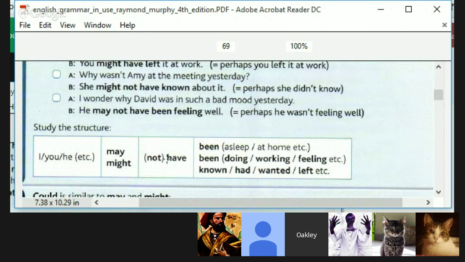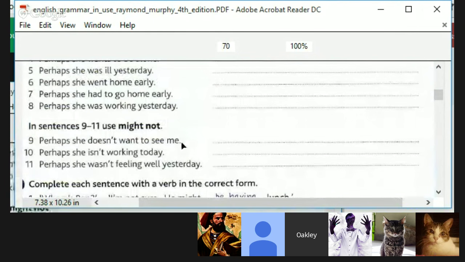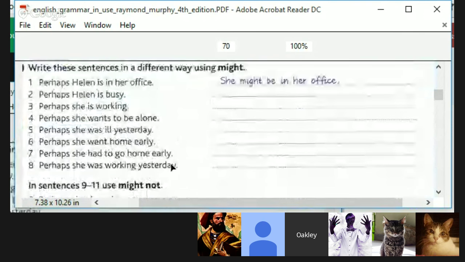So, she might have gone. Might have gone home early. That's it. She might have gone home early. You need might have and the past participle, and that's it. Okay. David, number 7.